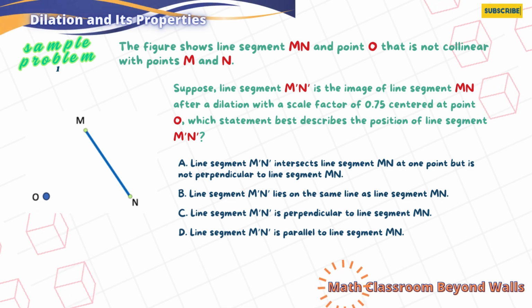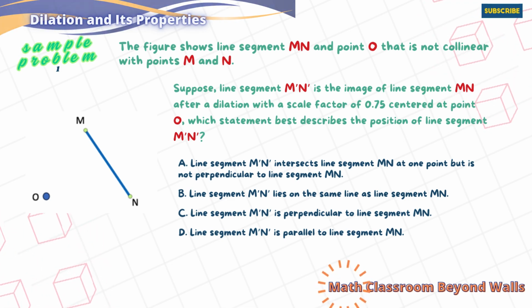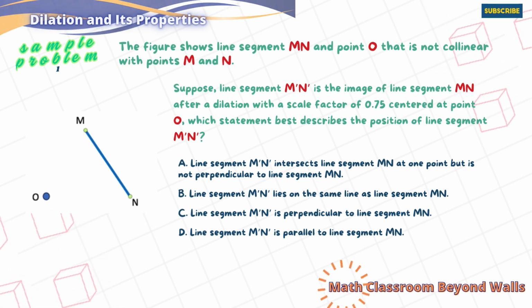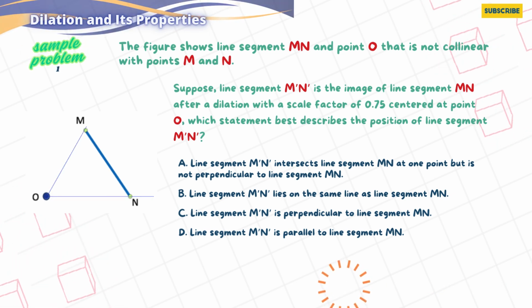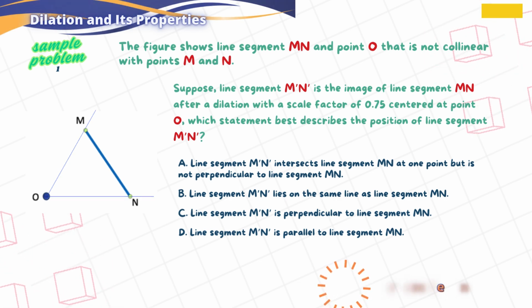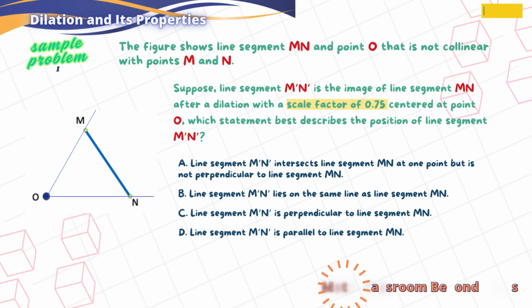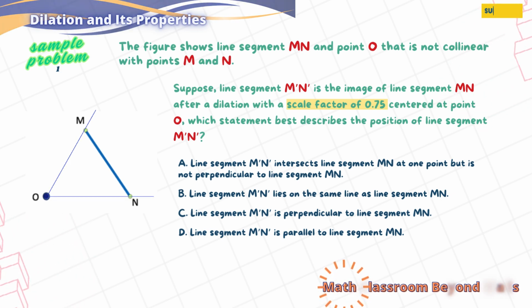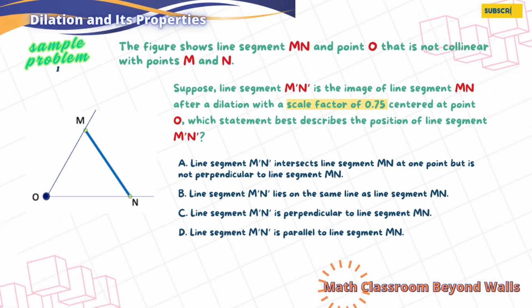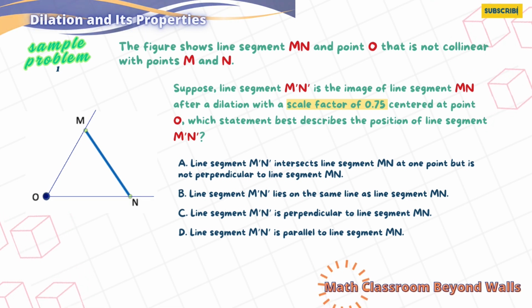When drawing a dilation, start by tracing lines coming from the center of dilation to the points on the pre-image. Next, make use of what is given in the problem. It says that the scale factor is 0.75. This means that the image is only 3/4 the length of the pre-image.